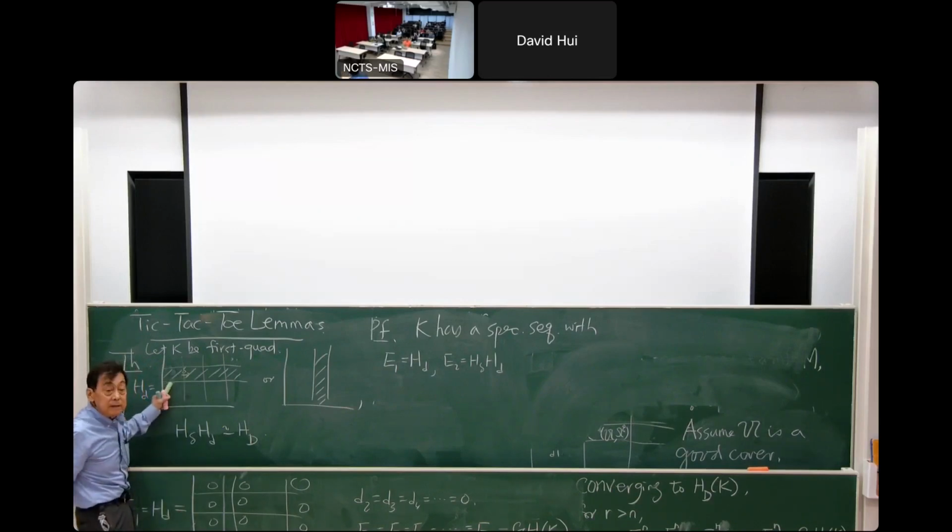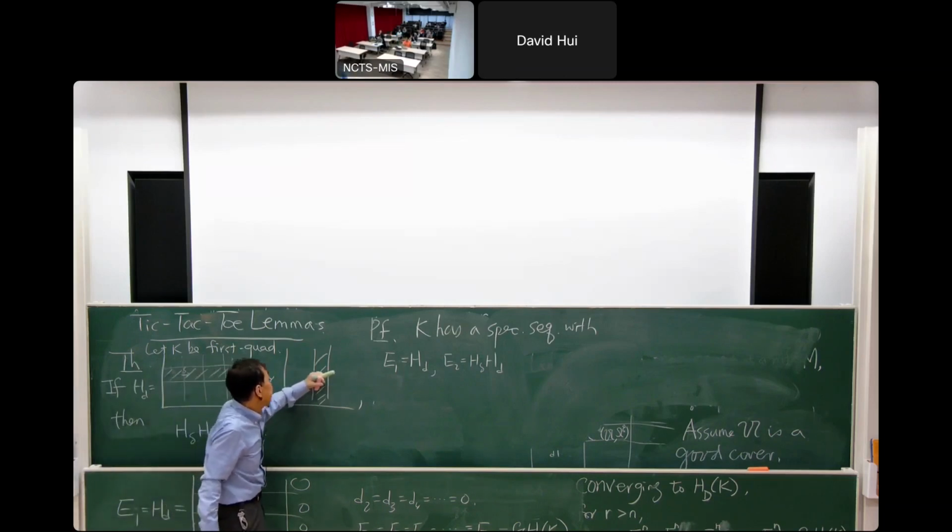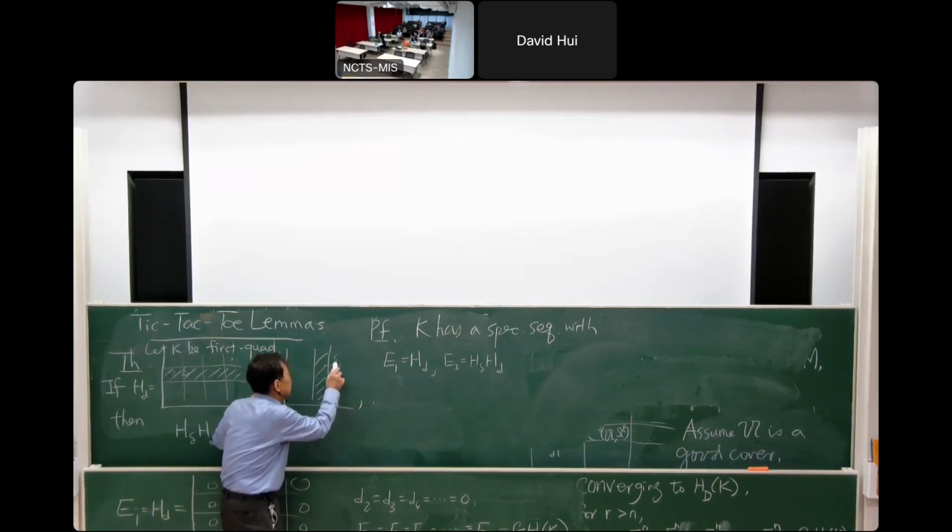H delta HD may not be the same as HD, but it can be non-zero only in this row also. And here, obviously, this is going to be the same as this because delta is 0.